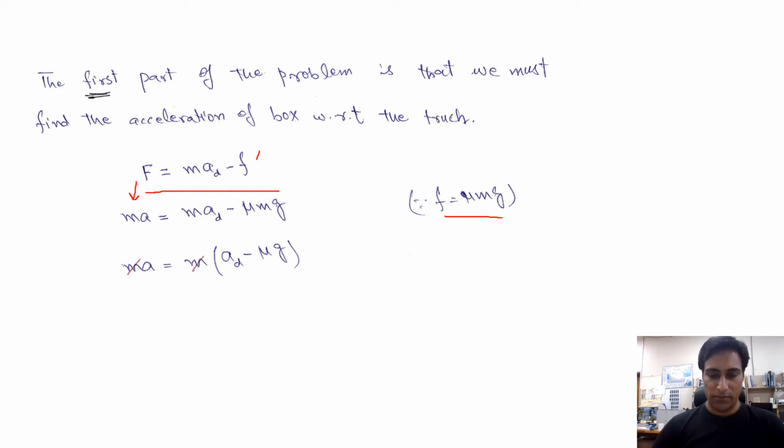This is just a simple simplification. We will cancel the m from both sides, and the remaining equation is a is equal to a_d minus mu g. This is equation 1.